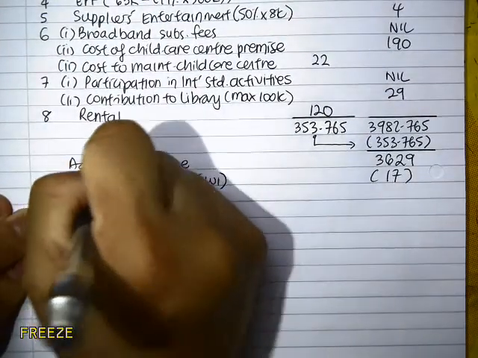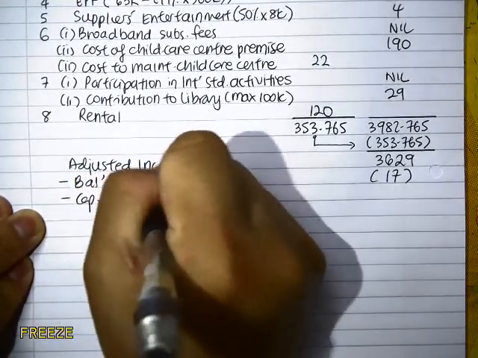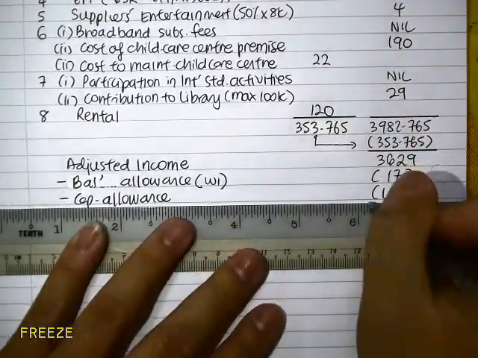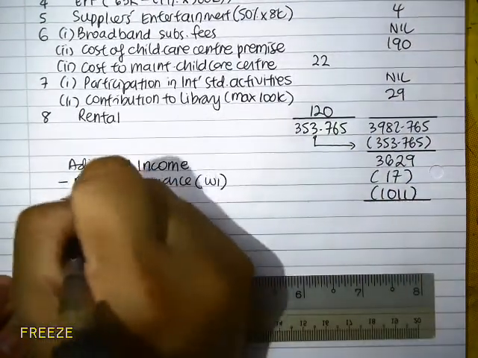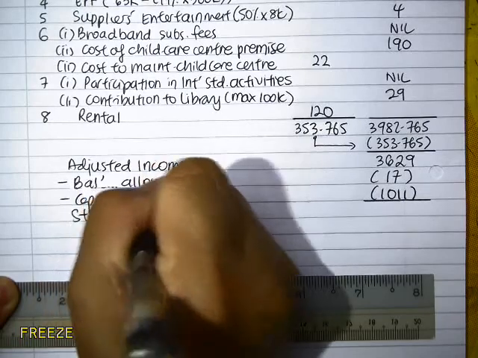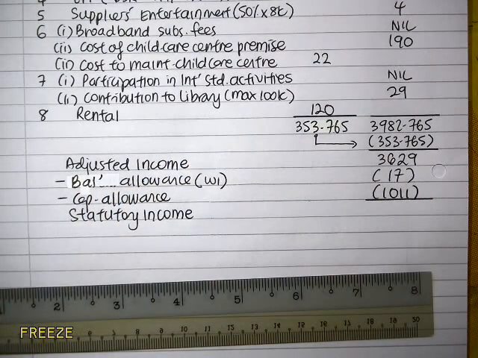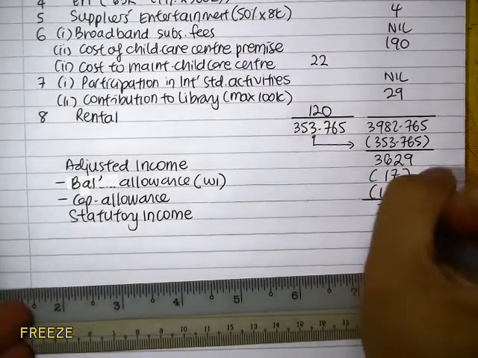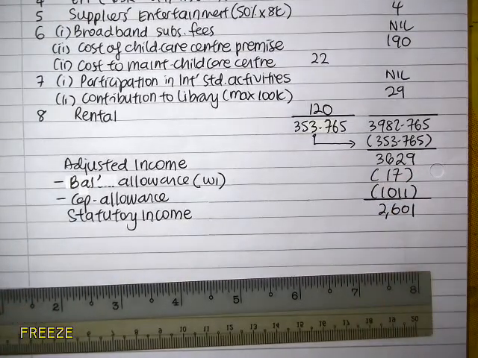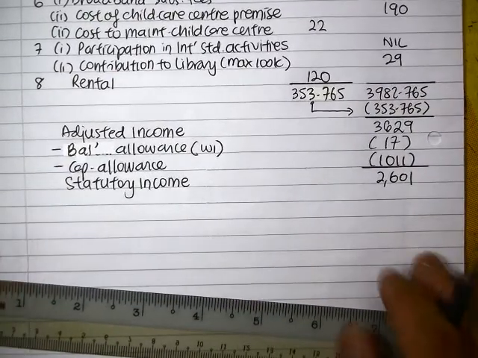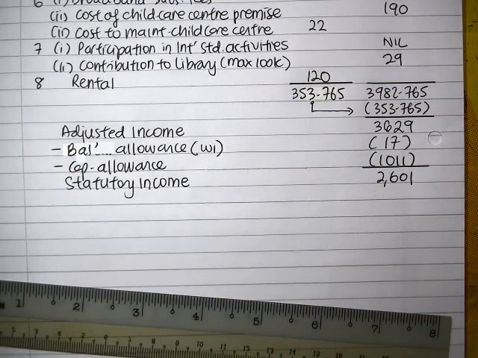So again, the capital allowance is 1011. So the statutory income is 3629 minus BA and CA, so we get 2601.